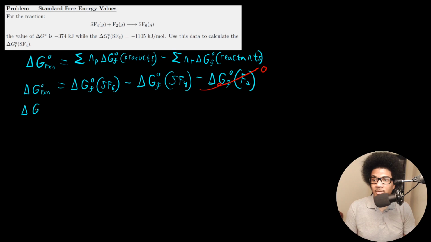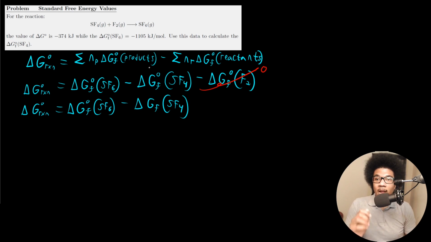So we have delta G for the reaction, which is going to be equal to the delta G of formation for SF6 minus the delta G of formation for SF4. Now we actually have everything we need to solve. We're trying to use this data to calculate the free energy of formation for SF4.